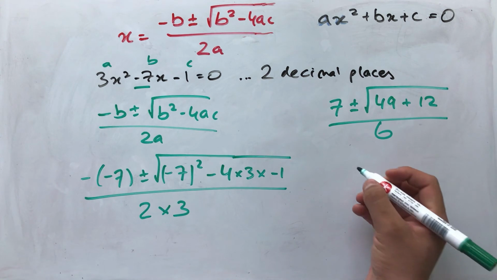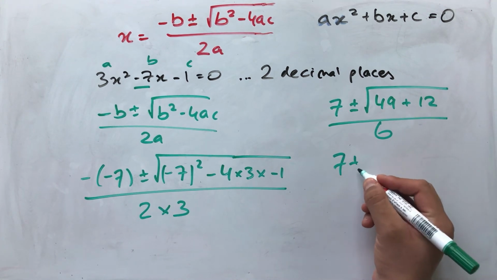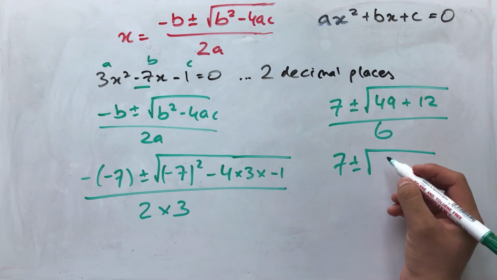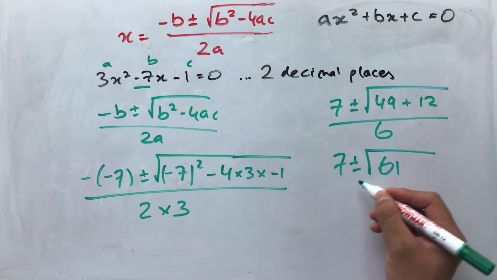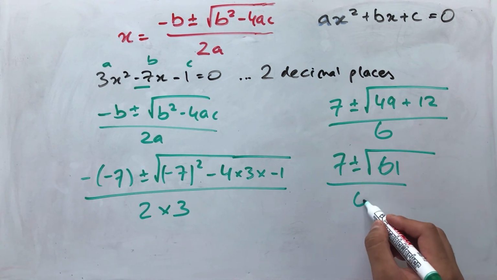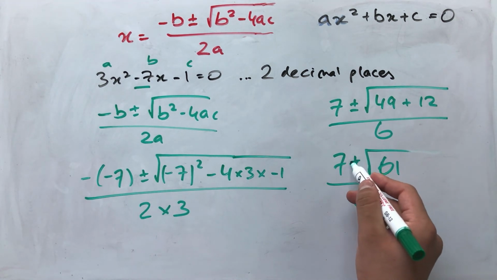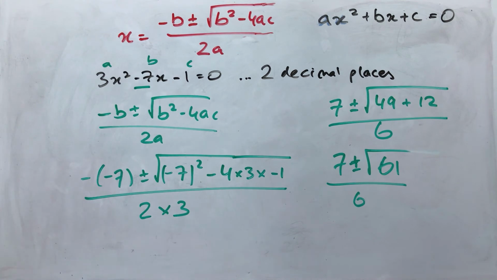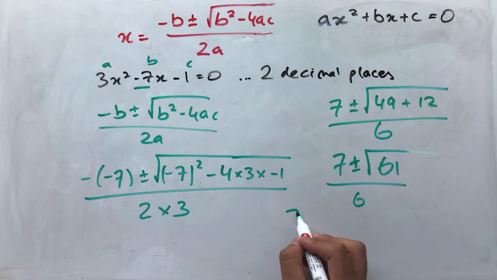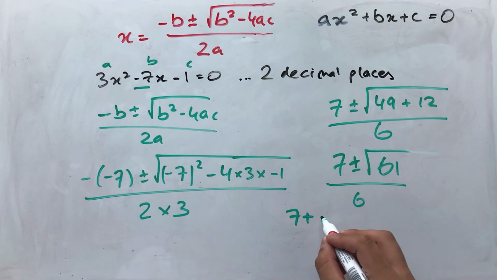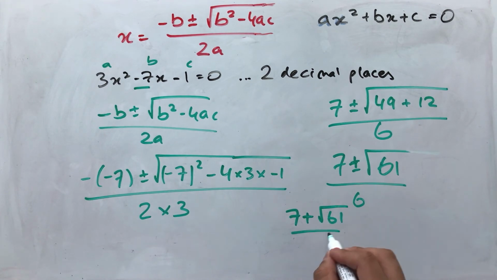We can further simplify this, obviously. We get 7 plus or minus the square root of 61, yep, that's 61, all over 6. Now, remember, it's plus or minus. So your final answer is in fact 7 plus root 61 over 6.